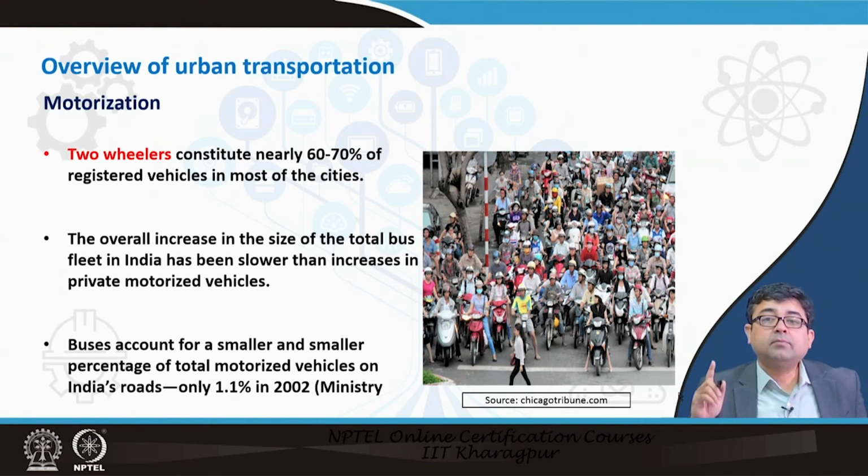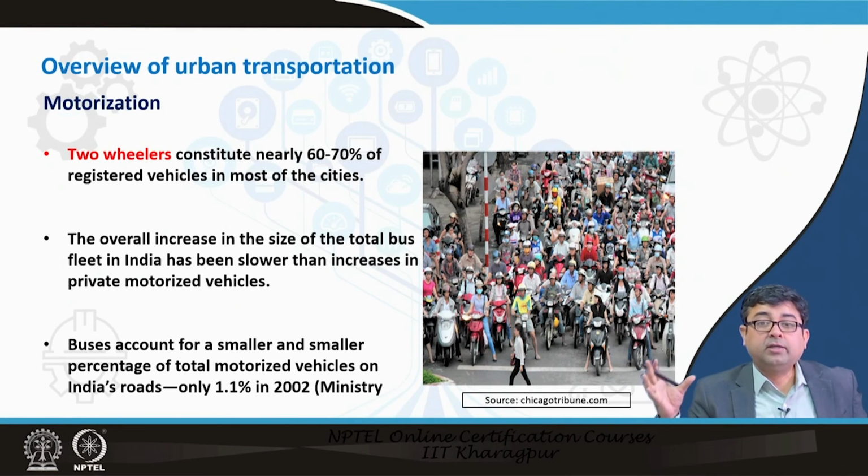Along with the increase in the number of two-wheelers, there is also a decrease in the number of buses that are being put out on the urban transportation network. You would see many governments always pushing for buying new buses, because one bus can transport 40 people, whereas one two-wheeler can transport at the maximum, legally, 2 people.